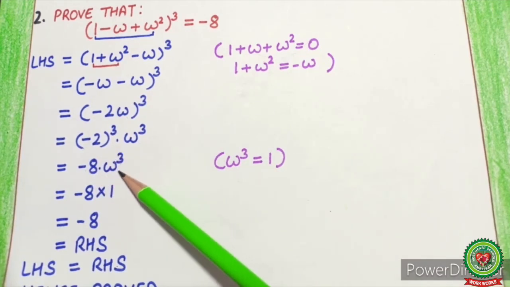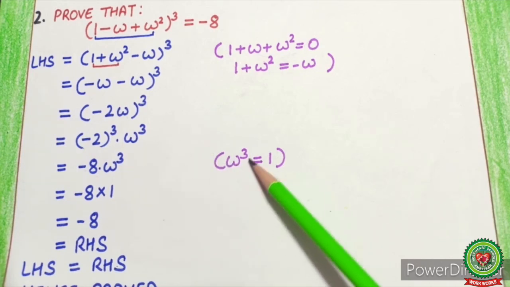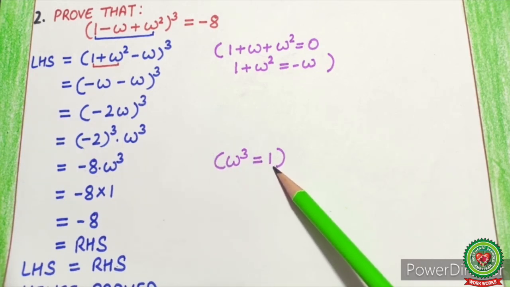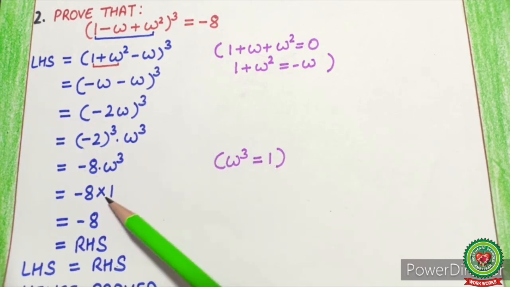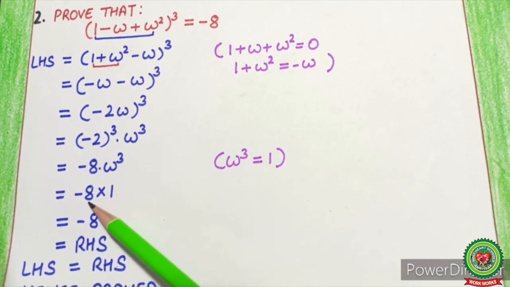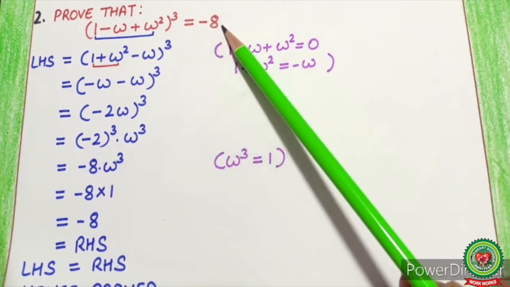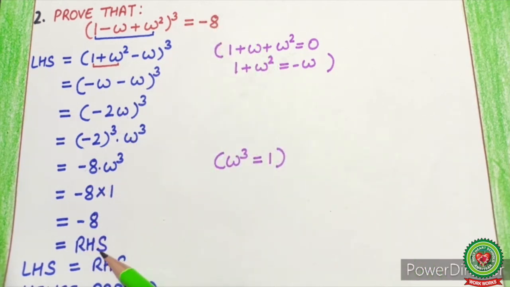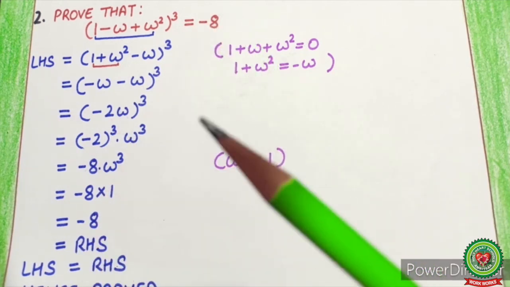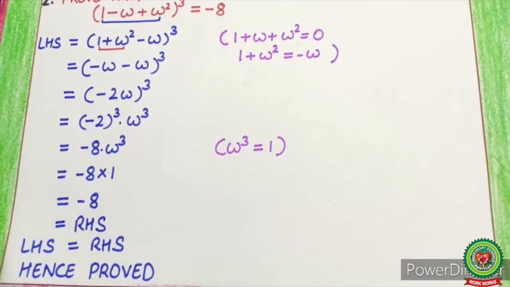Now according to the formula, the value of omega cube equals 1. Filling this value here, minus 8 into 1, our answer is minus 8. So this is our right hand side. Left hand side is equal to right hand side, so our question is proved.